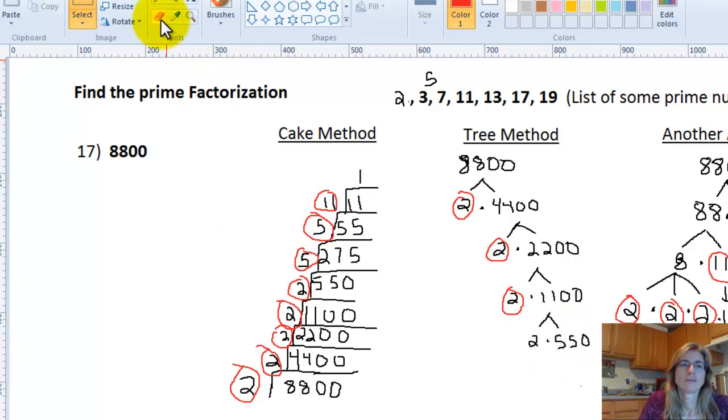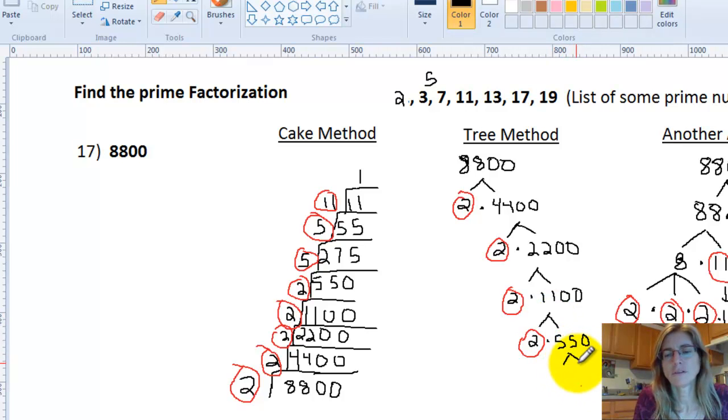All right, and let's circle our prime factor that we got. 550 still can be, 2 times something still is 550. 2 times 275. And circle your prime factor.